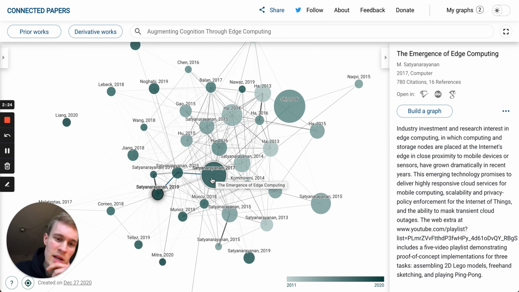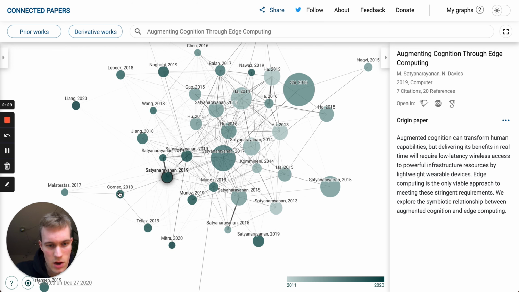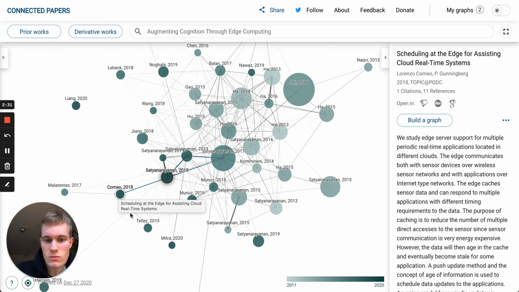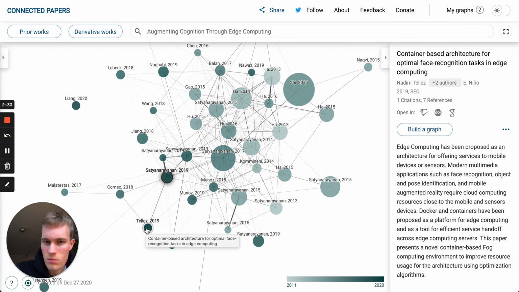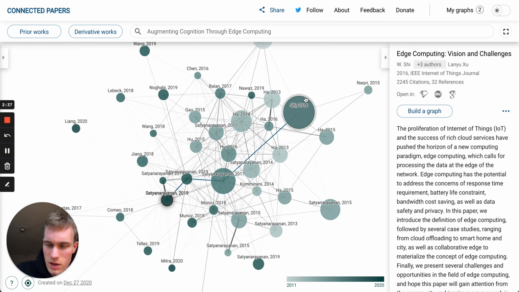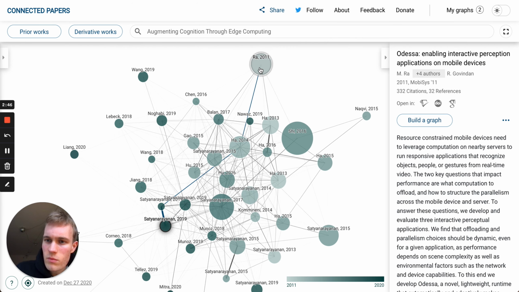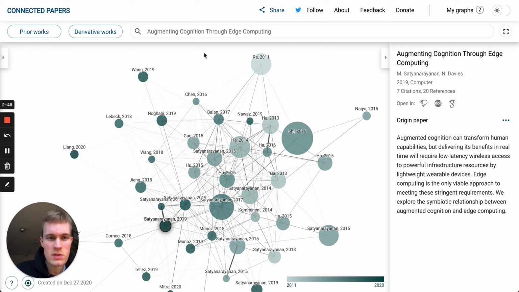So it's mainly about edge computing, but it also touches on these aspects of augmenting memory. And this graph is not very interesting for our current article. We also see this one is a pretty highly cited node. So, not so interesting graph.